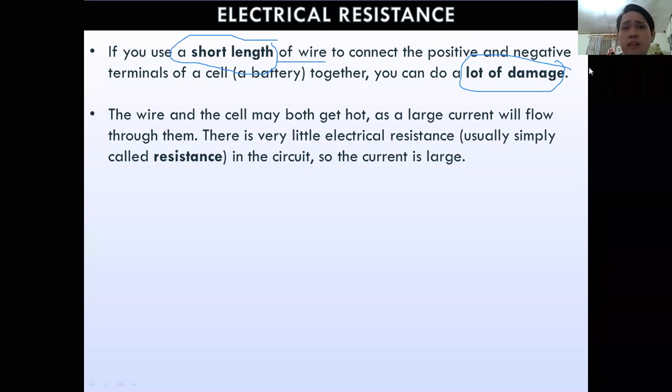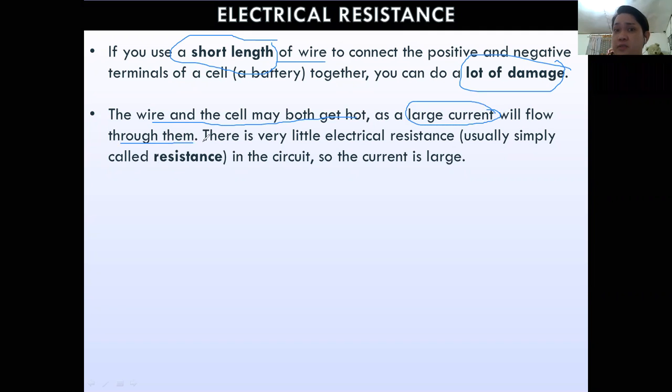The wire and the cell may both get hot. So if you use a short length of wire to connect the positive and negative terminals of a cell together, it can cause a lot of damage because the wire and the cell may both get hot, as a large current will flow through them.